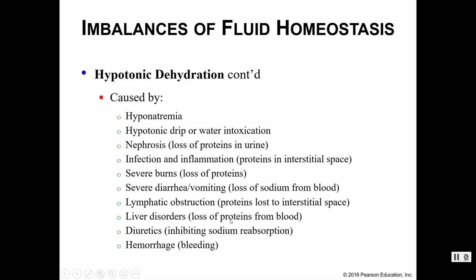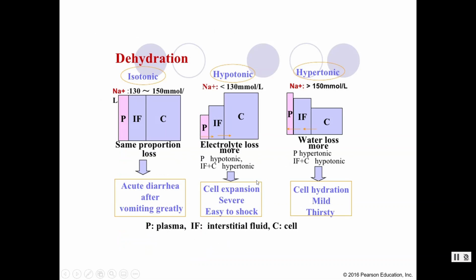Liver disorders, loss of proteins from the blood, because now your liver is not even making them. Diuretics cause the inhibition of sodium reabsorption. And hemorrhaging or bleeding causes a loss of proteins and stuff as well. Okay, so here's our picture. We are on hypotonic.